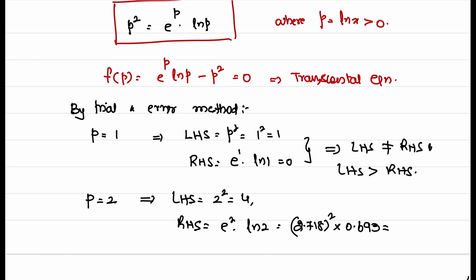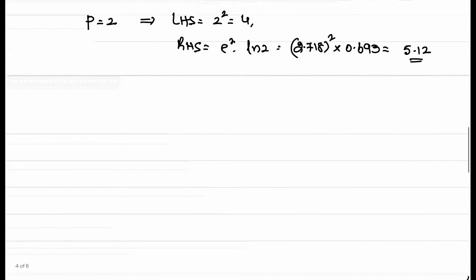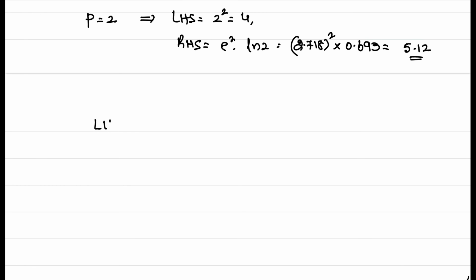Then multiply both of them and you find out right hand side. It's a simple calculation. It is 5.12 approximately. That means here left hand side is less than right hand side.